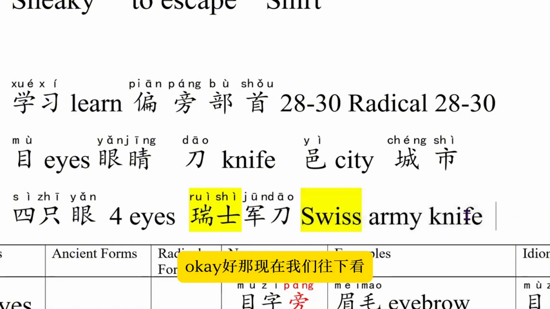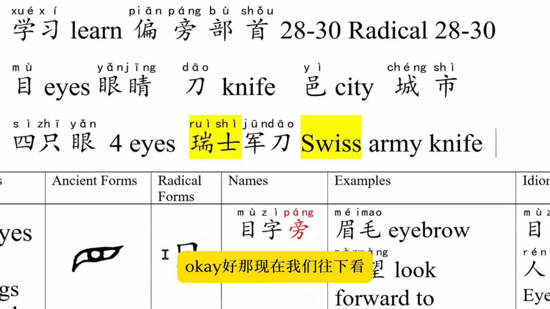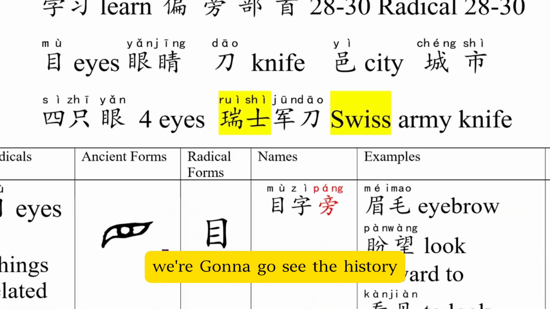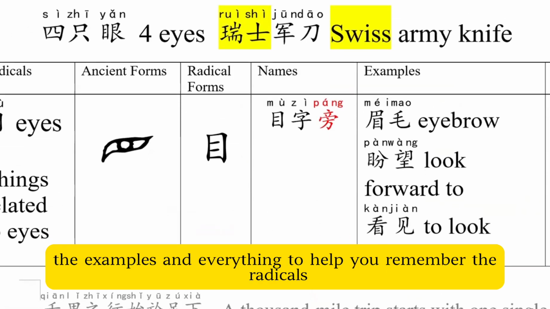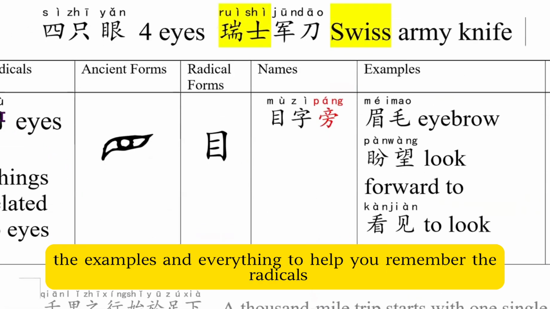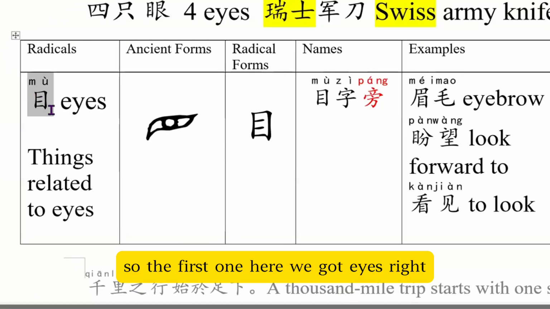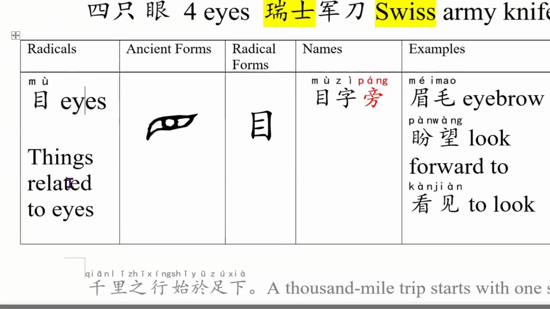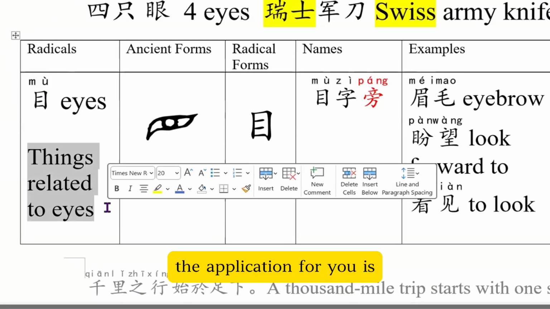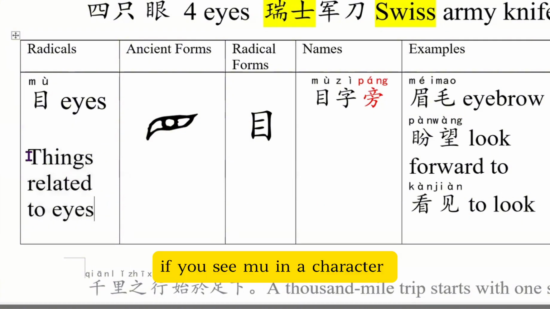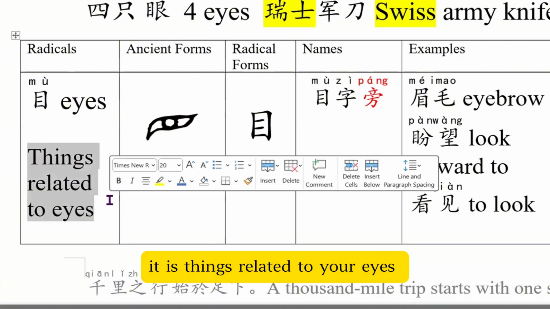Okay, 好，那现在我们往下看, we're gonna go see the history, the examples, and everything to help you remember the radicals and to master a lot of vocabulary. Okay, it helps you to read. So the first one here we got 目 eyes, right? The application for you is if you see 目 in a word, it is things related to your eyes.